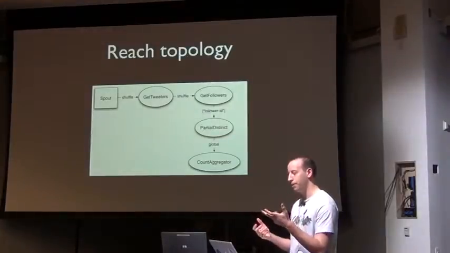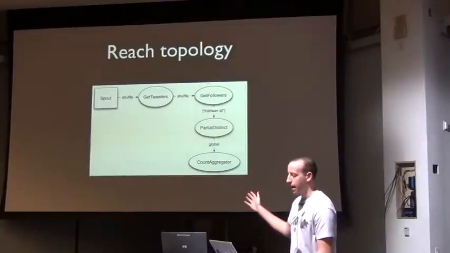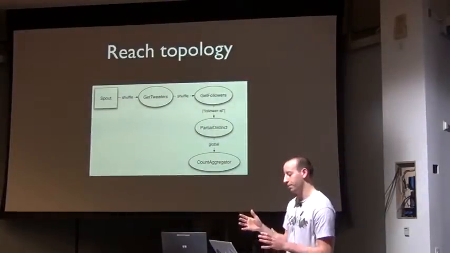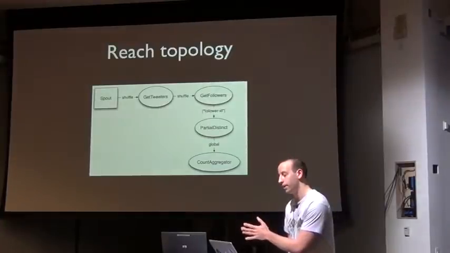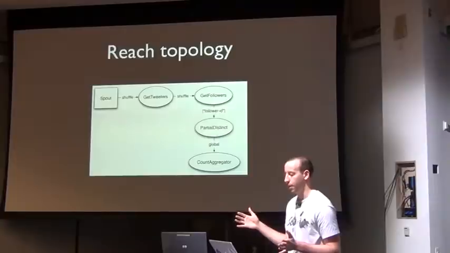So a single URL tuple gets mapped to some number of tweeter tuples. Then getFollowers maps a stream of request ID, tweeter ID to a stream of request ID, follower ID. So at this point you have some massive set of tuples for that request.